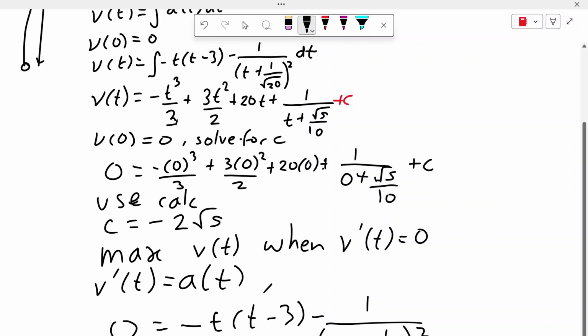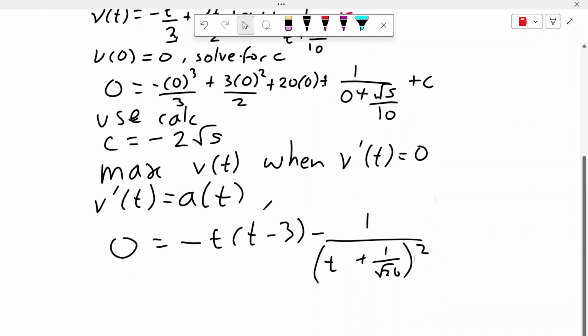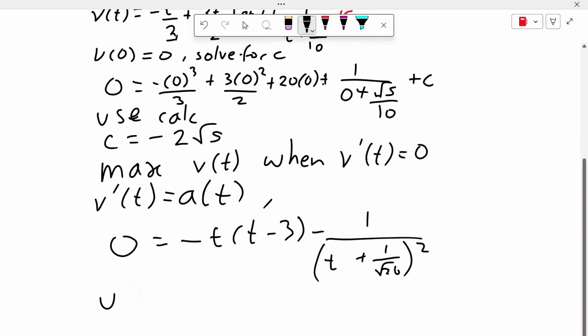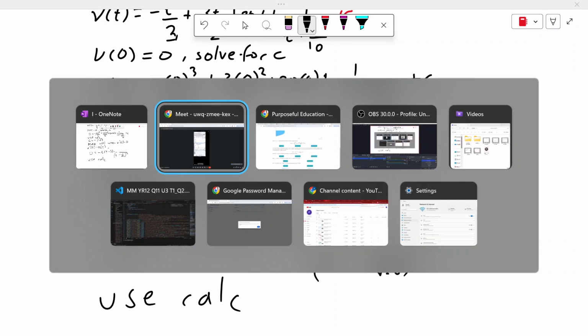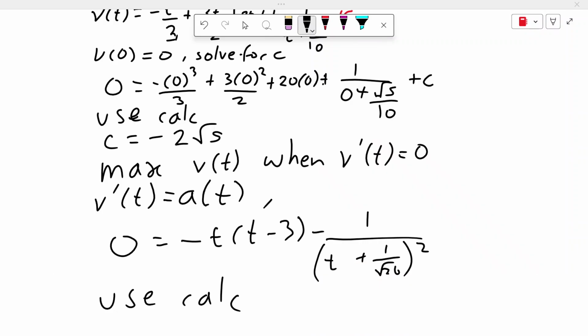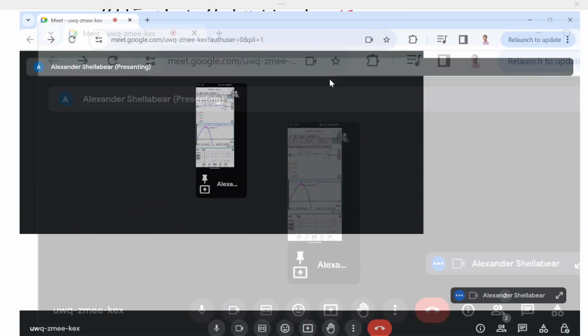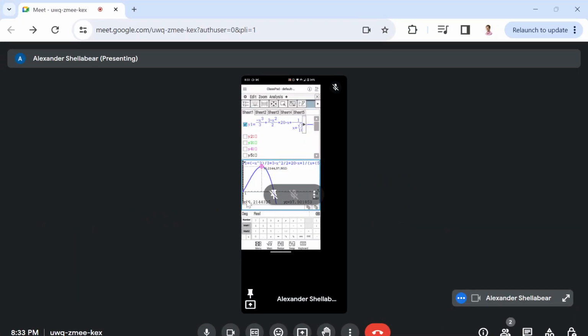Okay, and so we say use calc. All right, so use calc, and we're going to get multiple values because as you saw from the graph, there were multiple values that we could use, minimums or maximums. So again, we're going to go into our main.